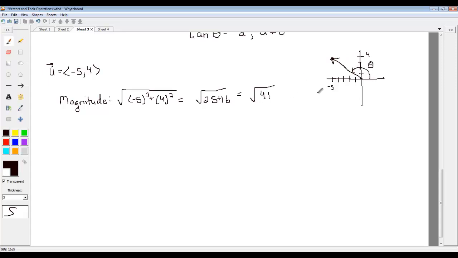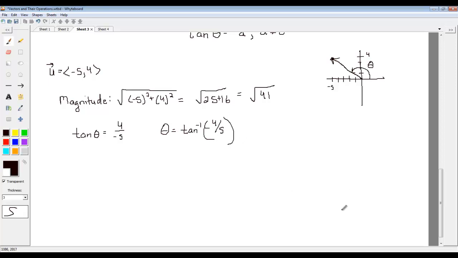So the magnitude, square root of 41, that's the length of the vector. Theta is that position angle. So tangent of theta would equal opposite over adjacent, so it's going to be 4 over negative 5. So to get theta, we'll do the inverse tangent of negative 4/5.